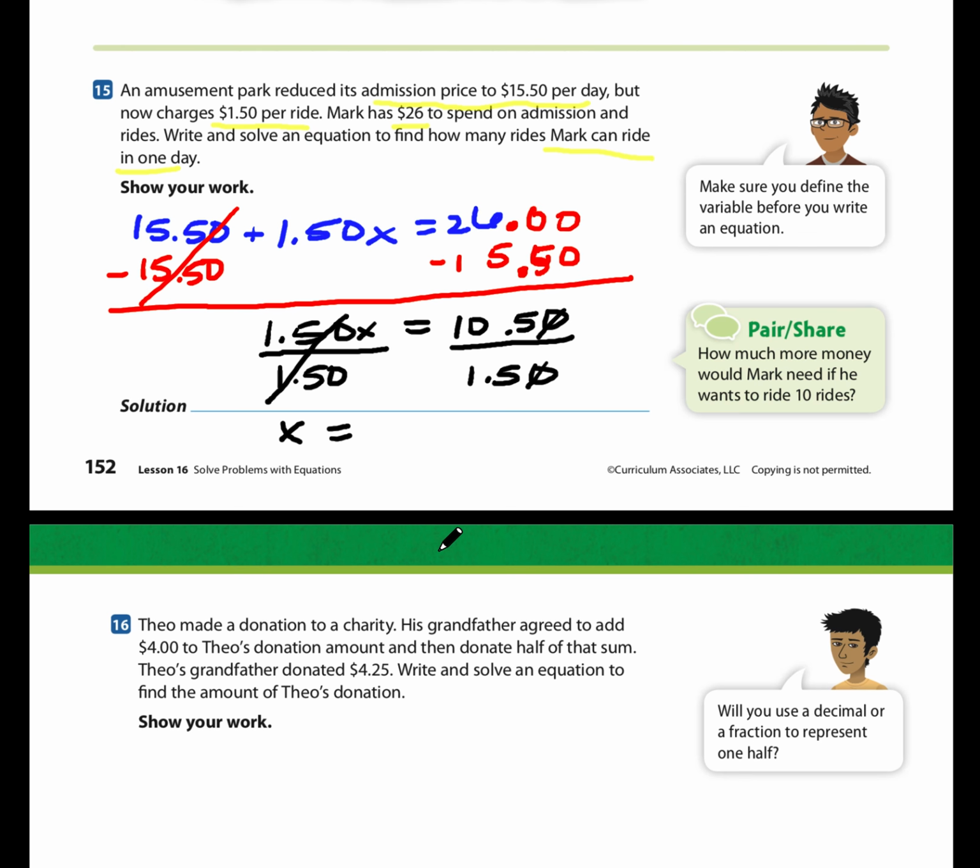So in your calculators, put 10.5 divided by 1.5, and you should get 7. He can ride 7 rides with his budget of $26. All right, so you can go ahead and box that, and there's your final answer.